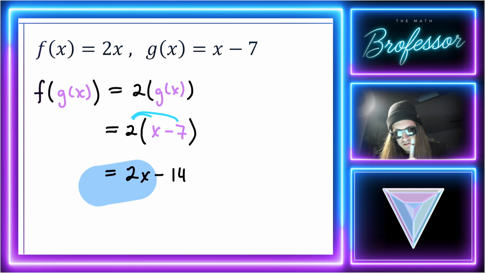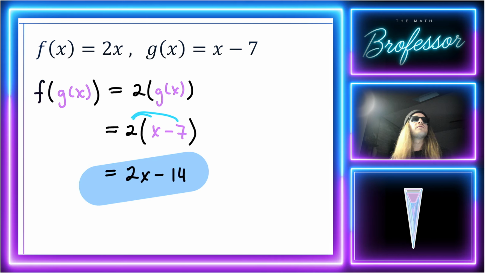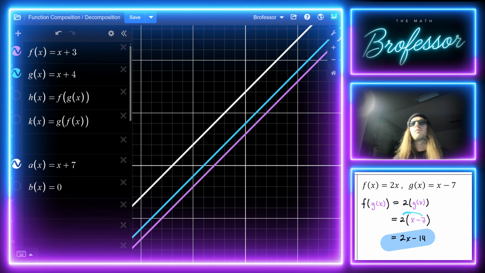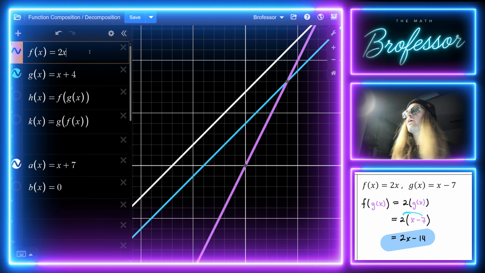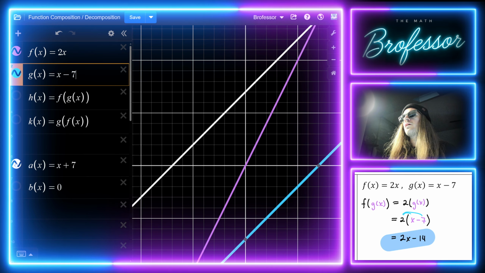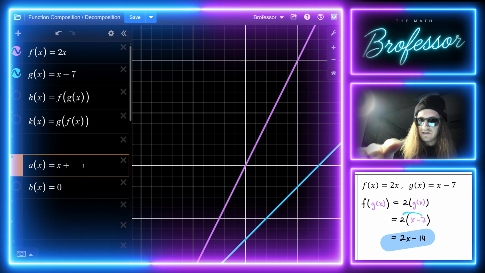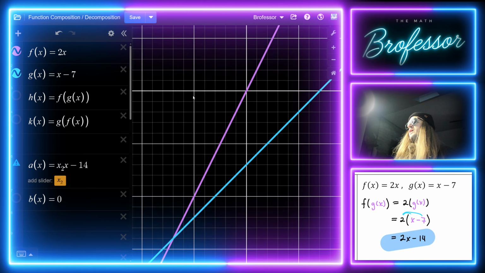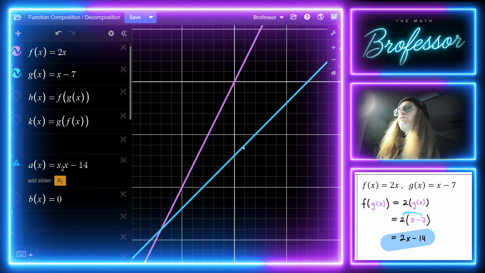And let's check this. Let's see if this is right. So our f of x here is now going to be 2x. Our g of x is x minus 7. Let's hide that and replace it with 2x minus 14. Okay, so here the blue graph is g.